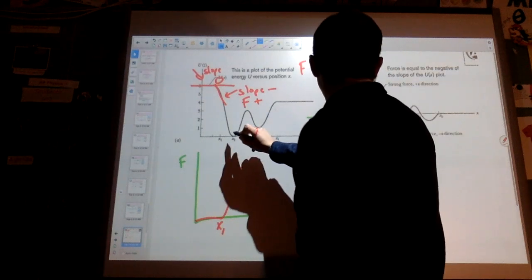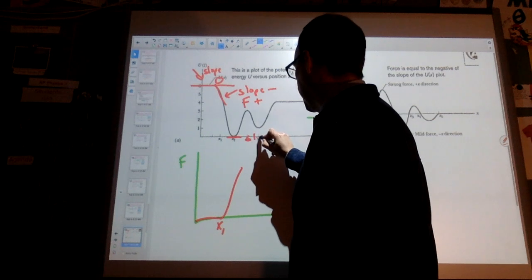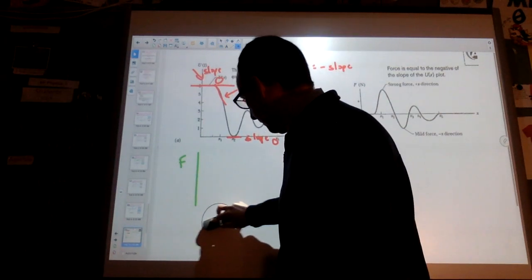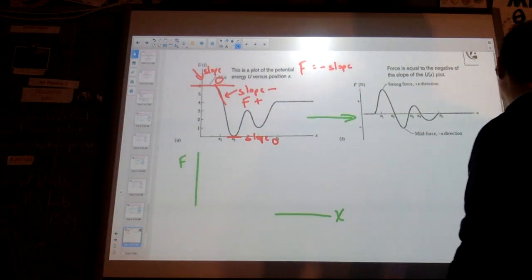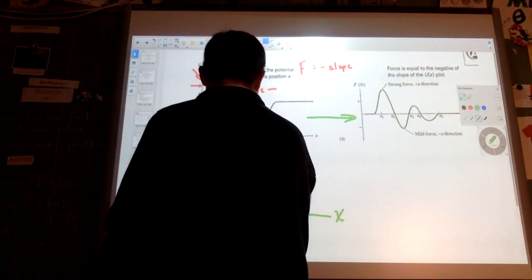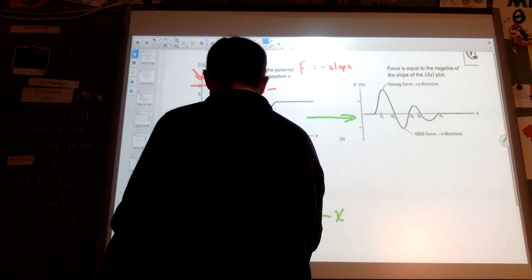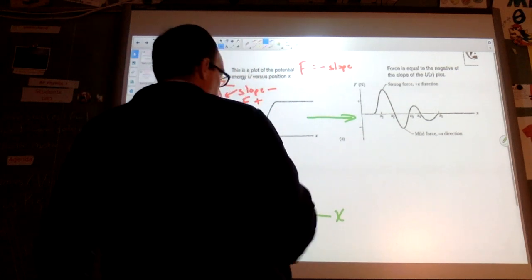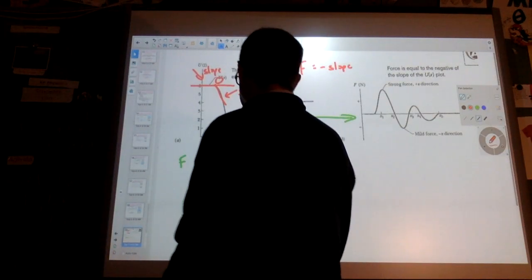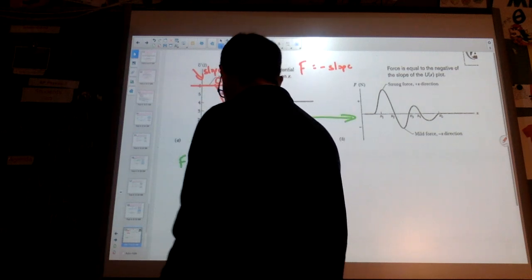At x2, this is going to be a slope of 0. Fix this up a little bit. All right, so we start at 0, and it's going to build up here, and then come back down to 0.